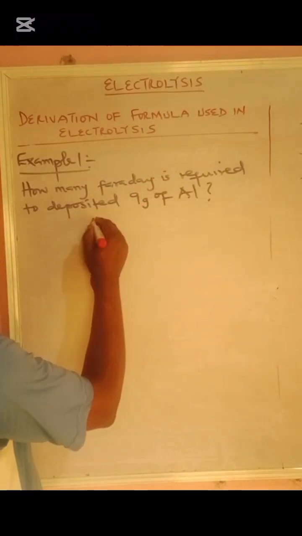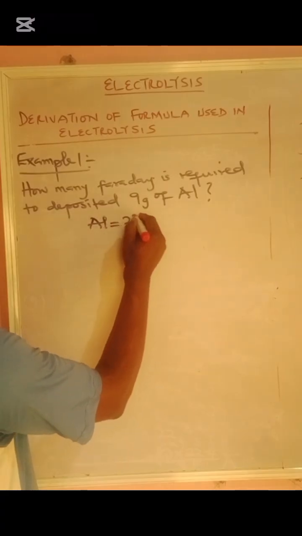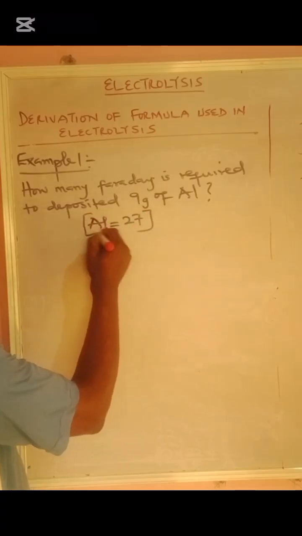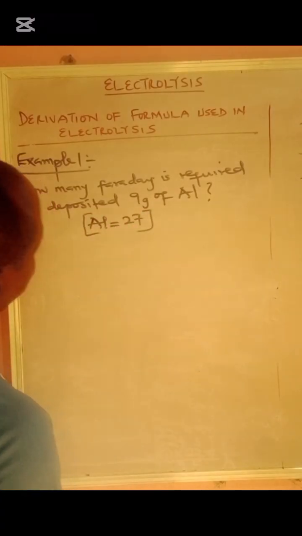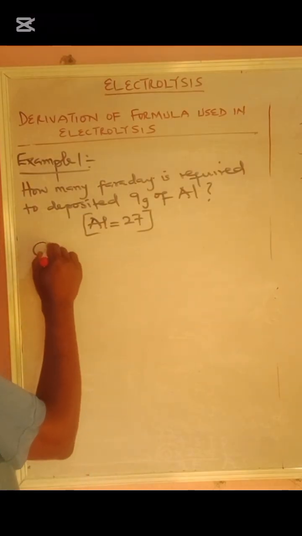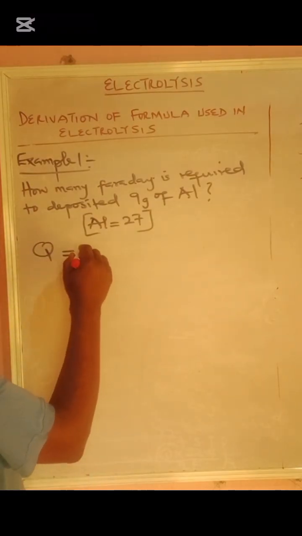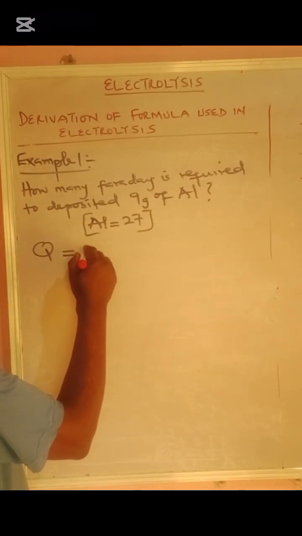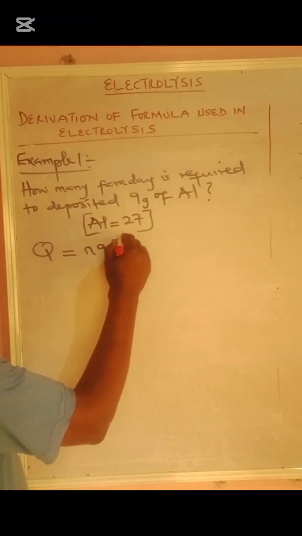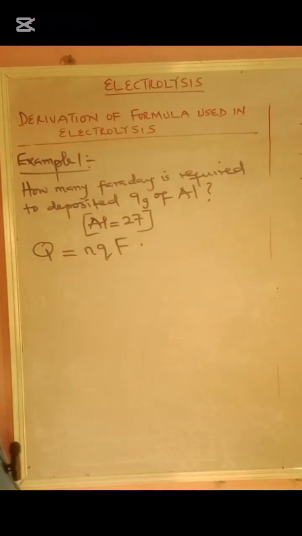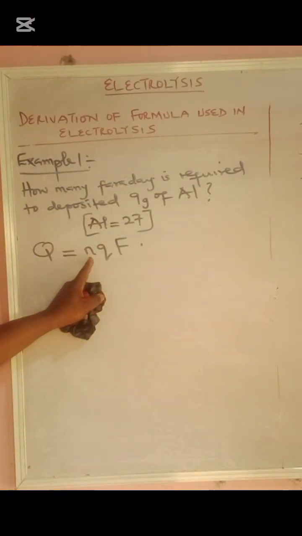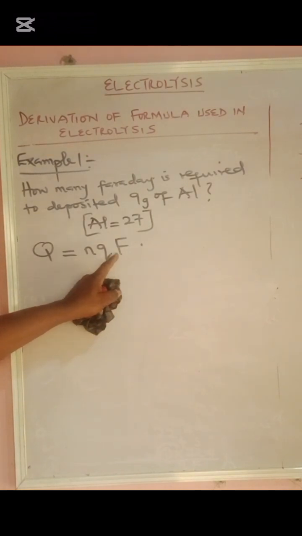You know, aluminium's mass number is 27. So this is what you are going to do. Q is equal to NQF, where N is the number of moles, Q is the charge, and F is the Faraday.